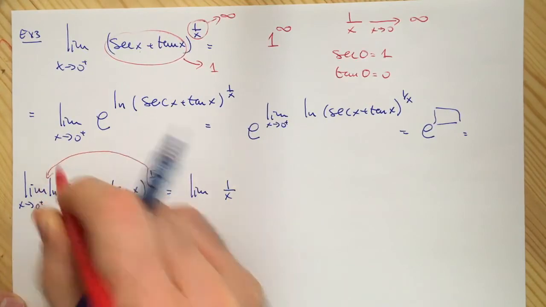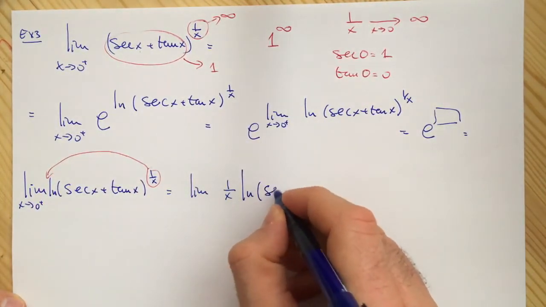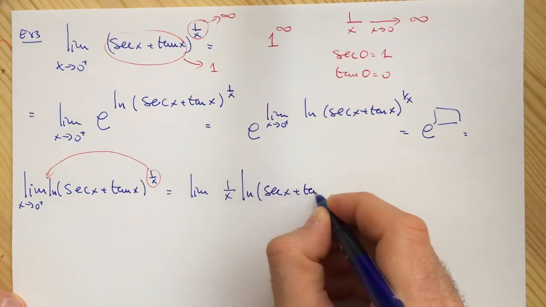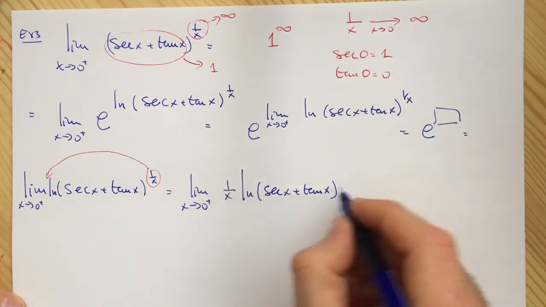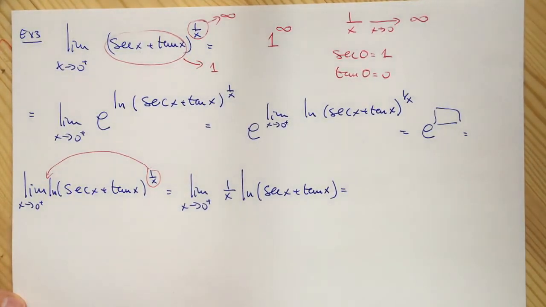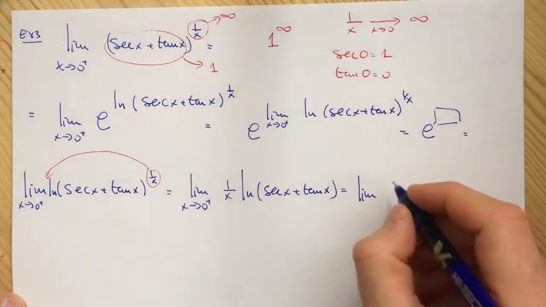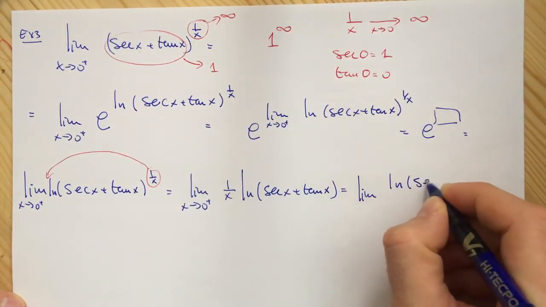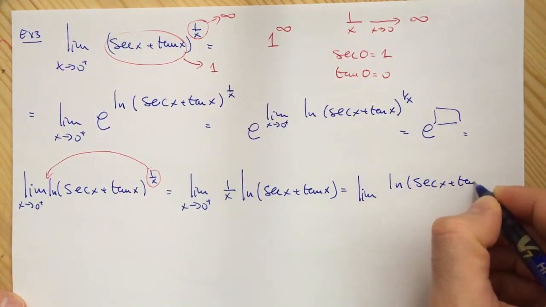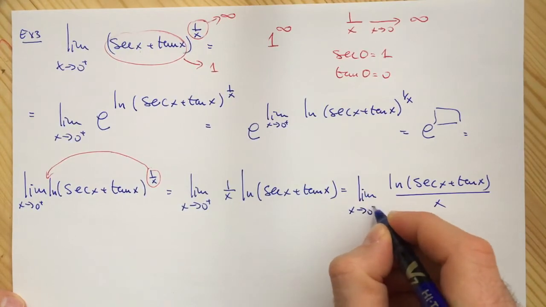The exponent drops in front of the ln function times ln of secant of x plus tangent of x, x goes to 0 from the right. But this is equal to the limit, it's already expressed as a fraction, sorry, ln of secant of x plus tangent of x over x as x goes to 0 from the right.